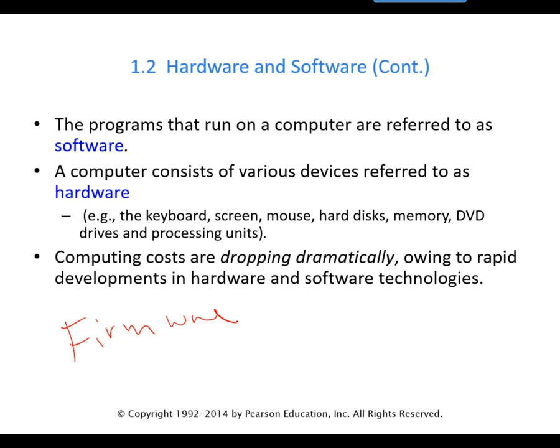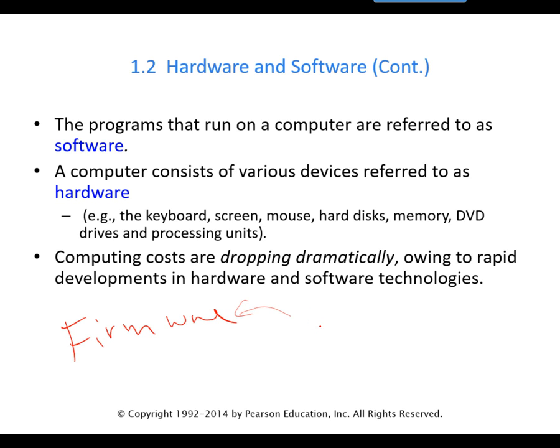The hardware is the physical stuff that you can touch. Now firmware kind of goes in between the two. It's actually software that's programmed into the chips on the computer itself.